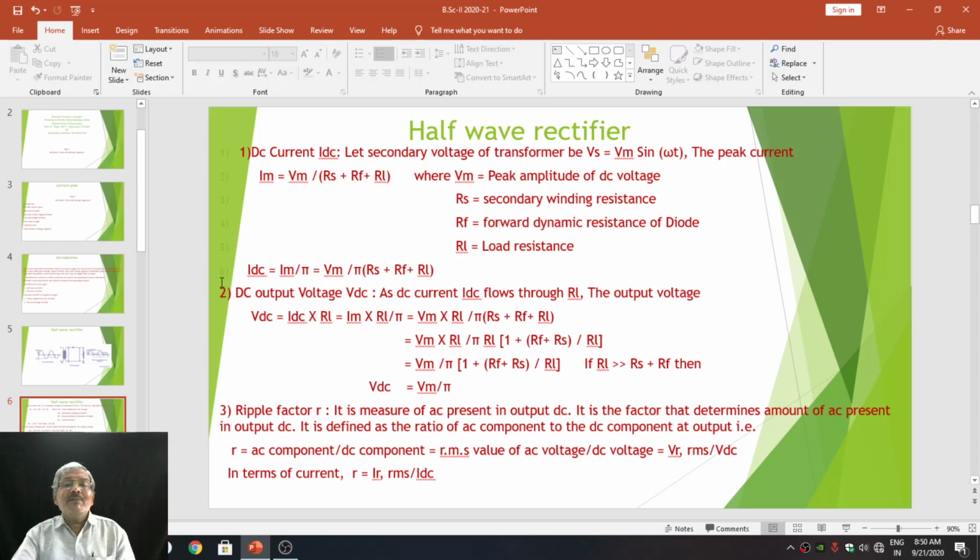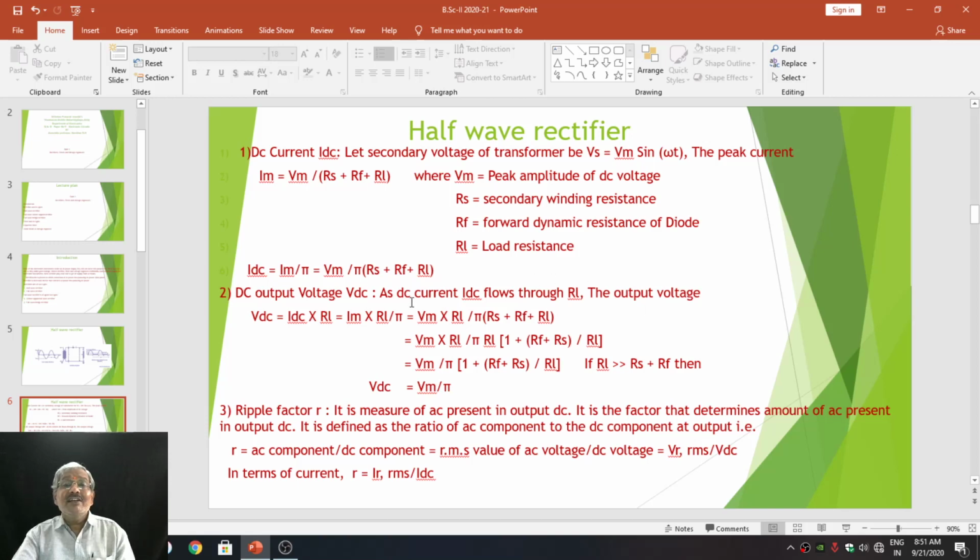Now the second parameter we are going to calculate is called the DC output voltage, VDC. As this DC current flows through the load resistance RL, by Ohm's law the output DC voltage is developed across RL during the positive half cycle. In the negative half cycle, as the diode doesn't conduct, no current flows, hence no voltage.